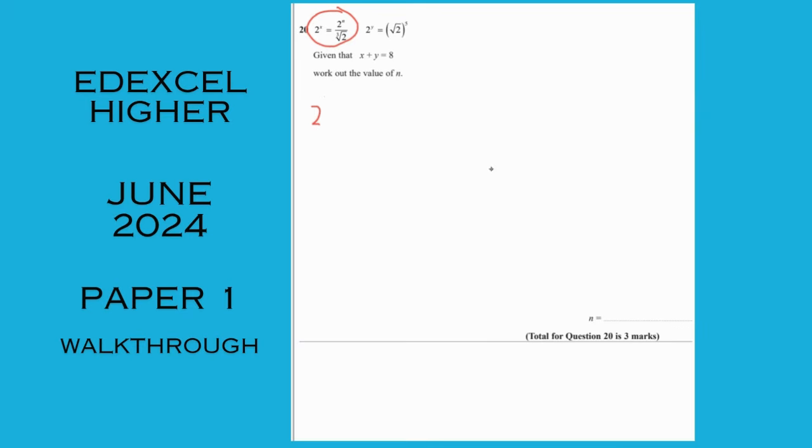So, first of all, cube root is power of a third. Over means divide, and divide means subtract the powers. So we've got the first statement that x is n minus a third.